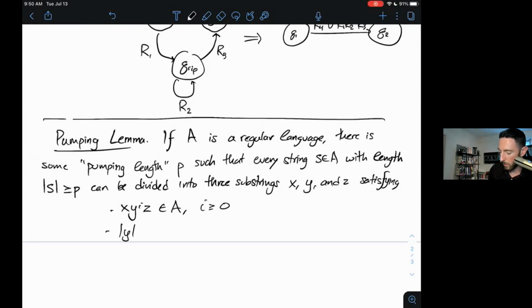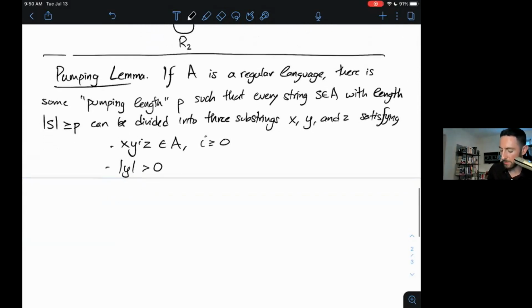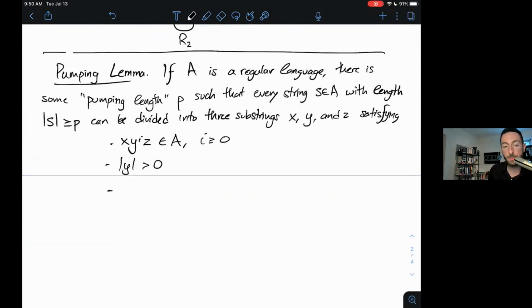The length of Y is non-zero, so Y actually has some symbols in it, and the length of XY is at most P.